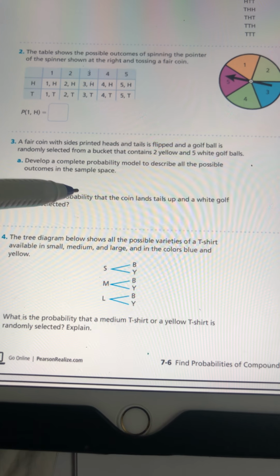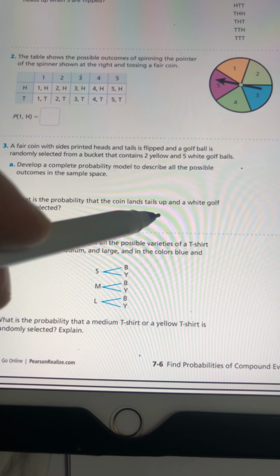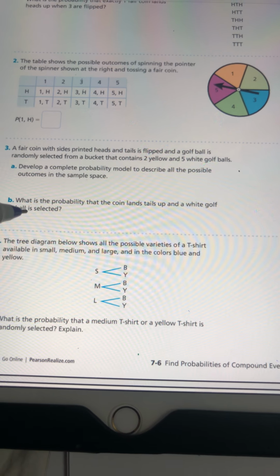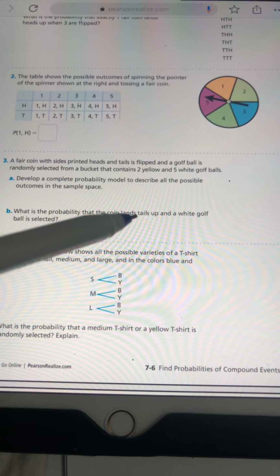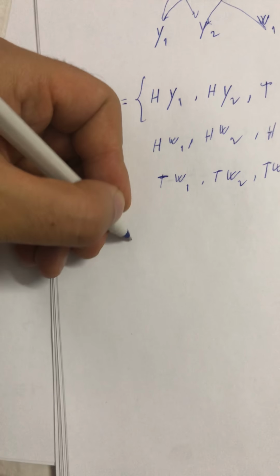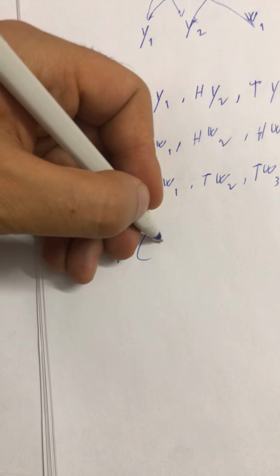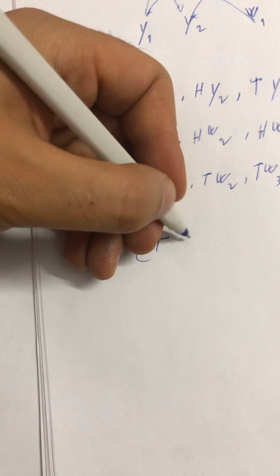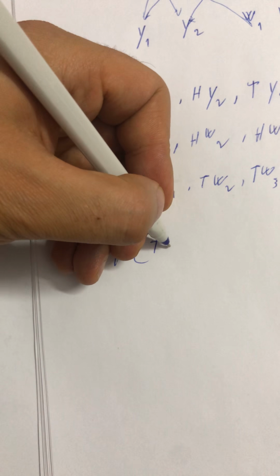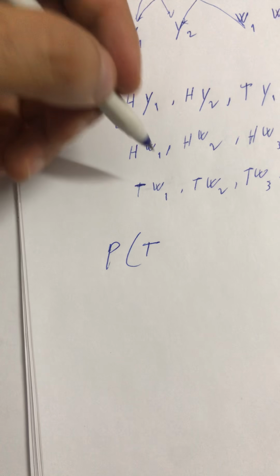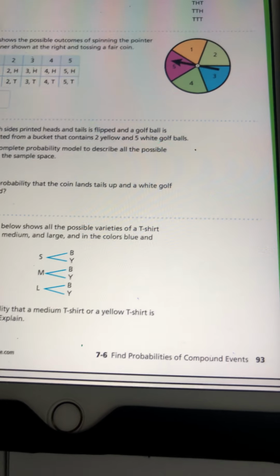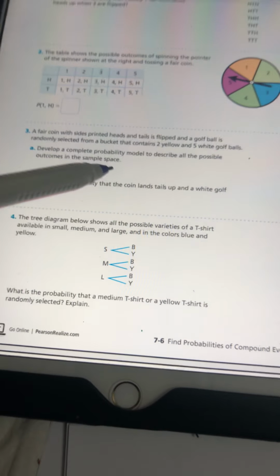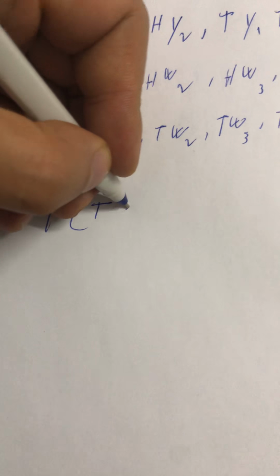What is the probability that the coin lands tails up and a white golf ball is selected? So he wants the probability that it has tails and a white golf ball.